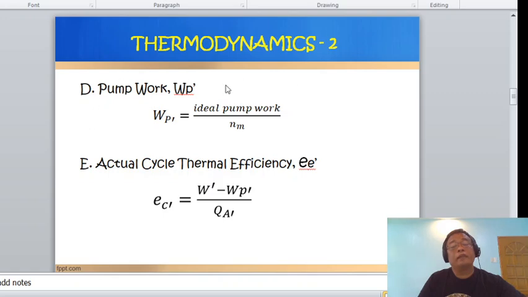But in the ideal cycle, we do not consider the mechanical efficiency of the pump and other losses in the steam and the liquid lines. Another, we have the actual cycle thermal efficiency: the work prime minus the pump work prime over the heat added prime, Q sub A. So that is the thermal efficiency.